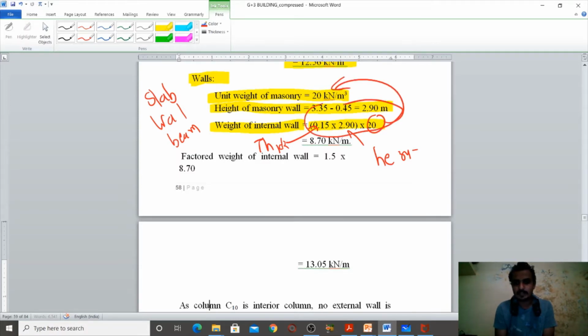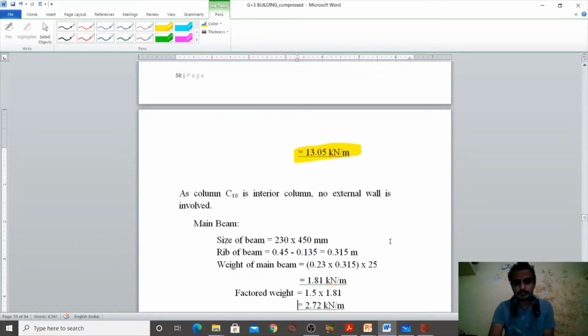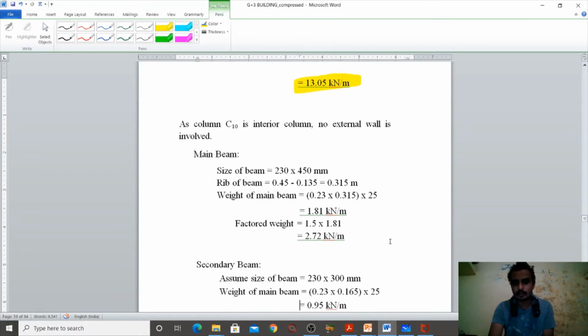Multiplying all three, we get the weight of internal wall as 8.70 kN per meter. Multiplying by 1.5, we find the factored load of internal wall is 13.05 kN per meter. These are the weight of wall.